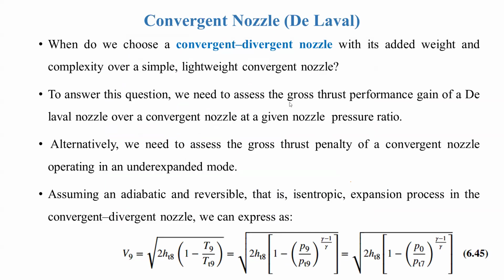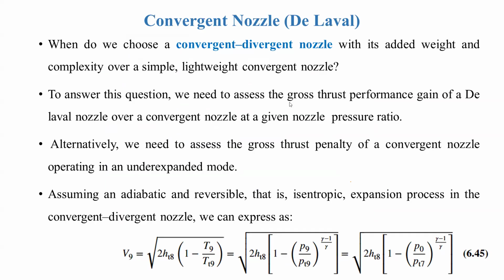The convergent divergent nozzle is one of the important nozzle types. So when do we choose this convergent divergent nozzle? Why are we hesitating to ask that? Because it adds weight.